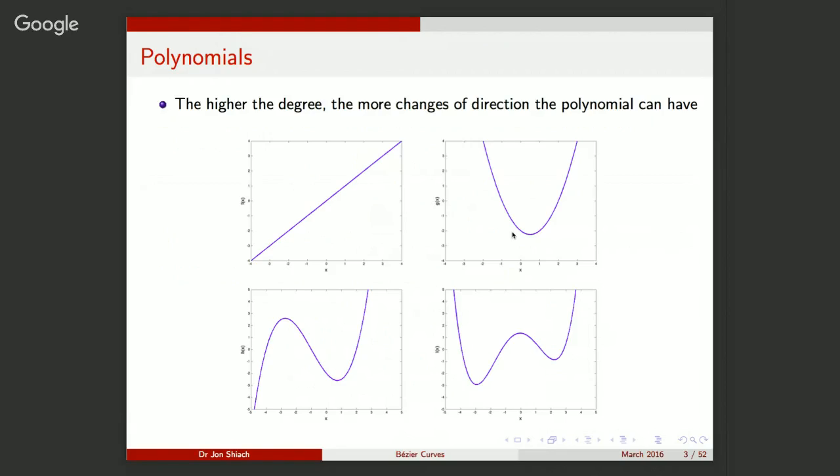A cubic can have 2 changes of direction, kind of like an S on its side. A quartic can have 3 changes of direction. A quintic would have 4, etc., etc. So the number of changes of direction when we graph these polynomials is 1 less than the degree of that polynomial. So the higher the order, the more wiggly we can make the line. Lower order, the less wiggly, in other words.